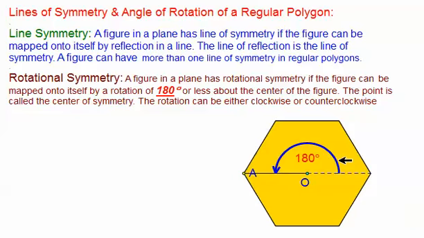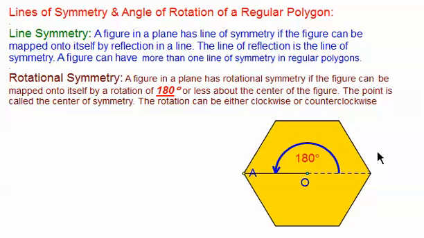In a six-sided polygon, we found there are three rotational symmetries. The least one was 60 degrees. Then the next one was 120, which is a multiple of the least one. And the third one was 180, which is again a multiple of the least one.